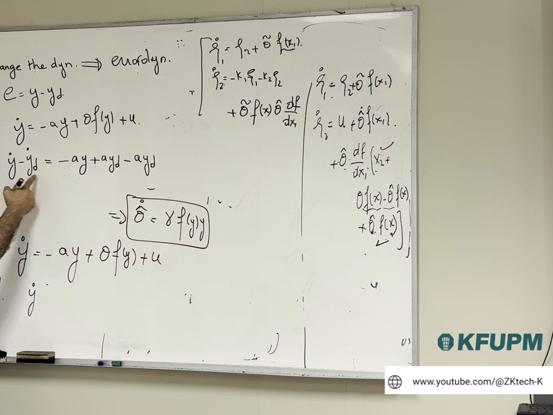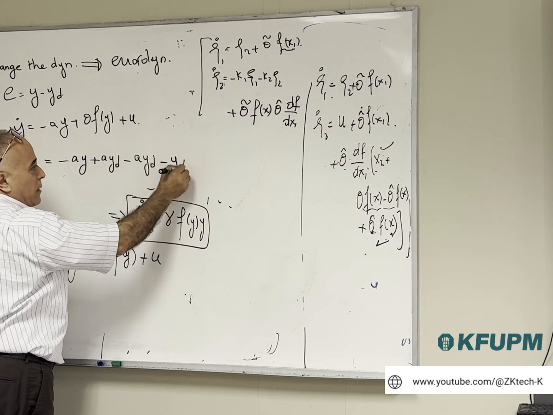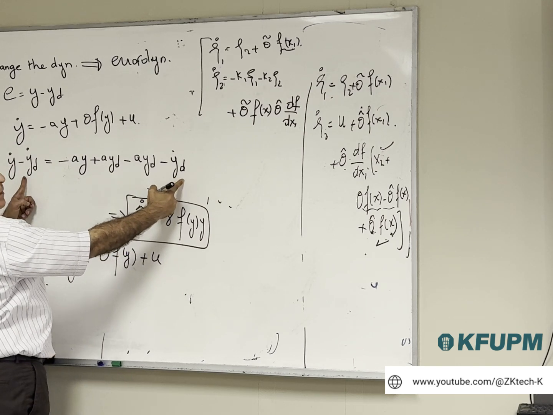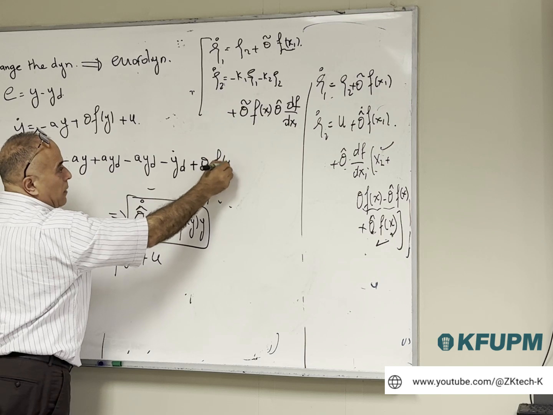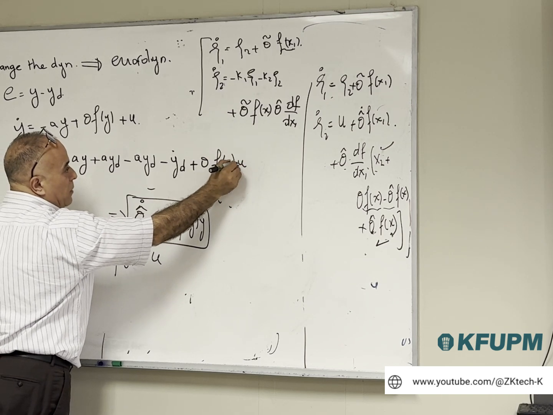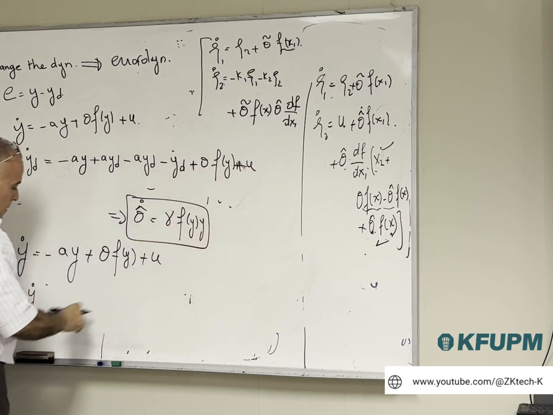I added minus y desired prime here, so that they can cancel between the two. And then I will add plus theta f of y plus u. Everybody agrees with this? Yes.